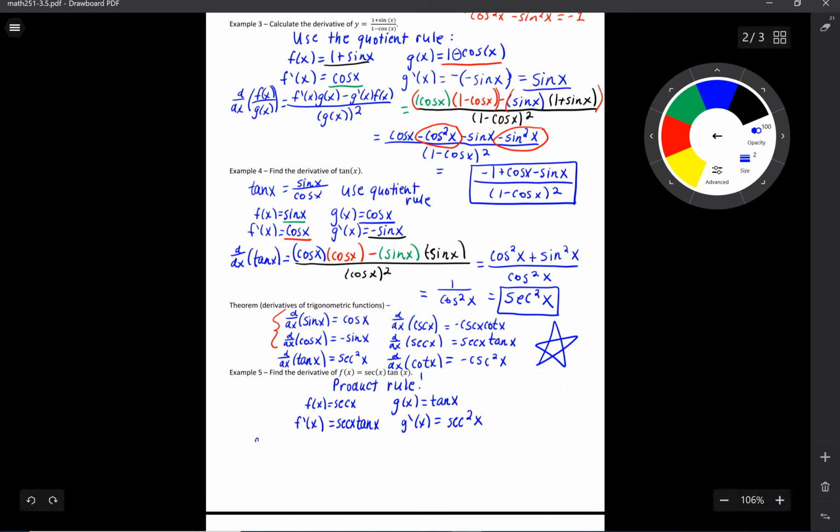So then, the derivative of secant x times tangent x equals f times g prime plus g times f prime.